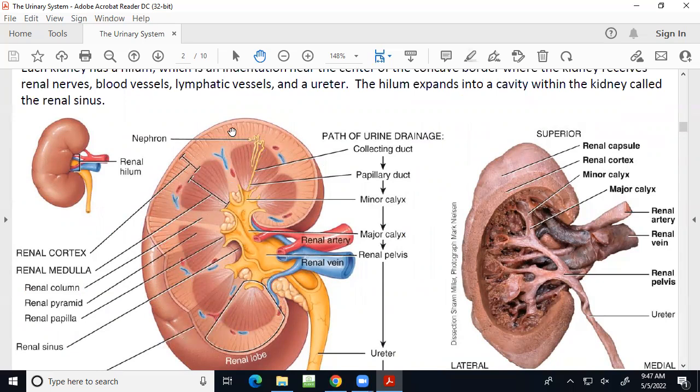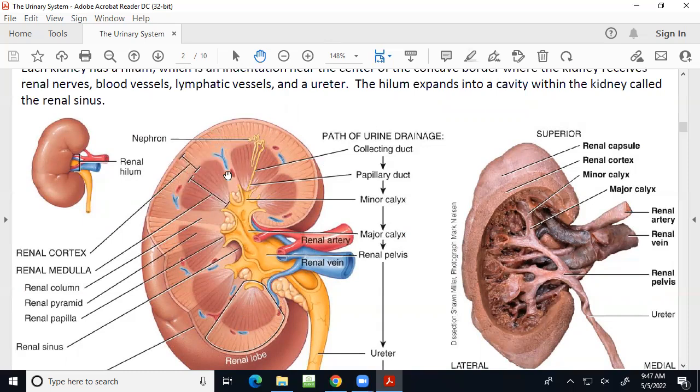Okay, it's this light tan shaded region on the outside, and we know that's what the word cortex means, towards the outside of an organ, whereas the renal medulla is the darker brown middle part of the organ. Okay, if you notice though, there are extensions that are lightly tan colored on the interior of the organ, just like there are those lightly tanned regions on the outside of the organ.